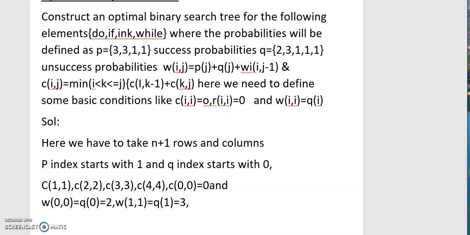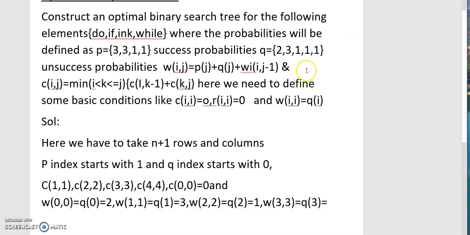Okay, next W of 2 comma 2 is equal to Q of 2, value is 1. Next W of 3 comma 3, value is Q of 3.